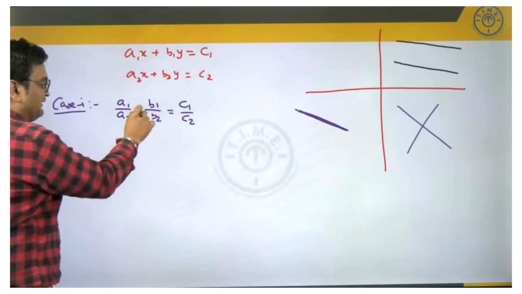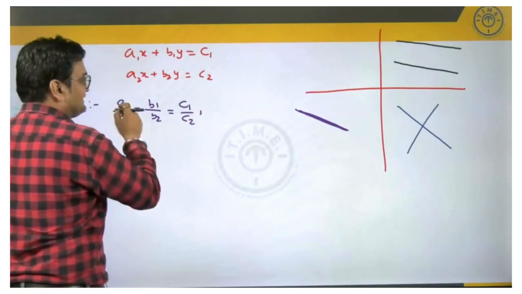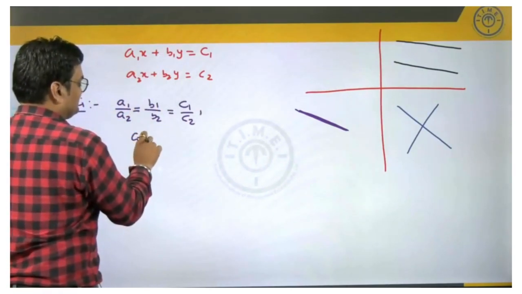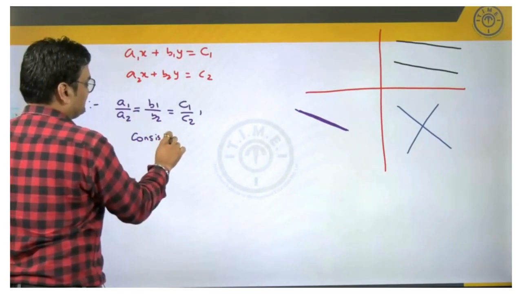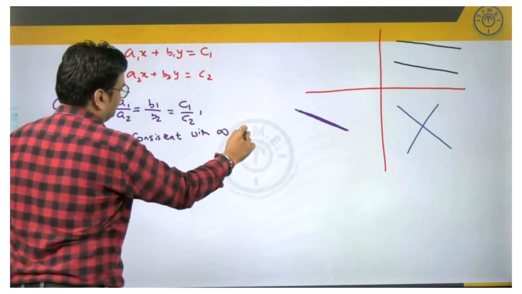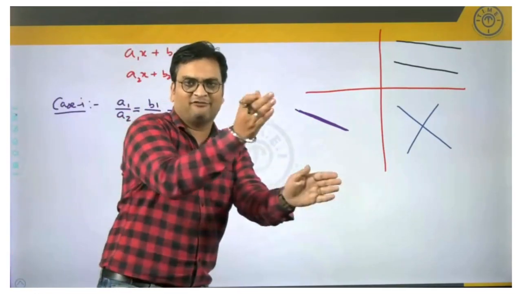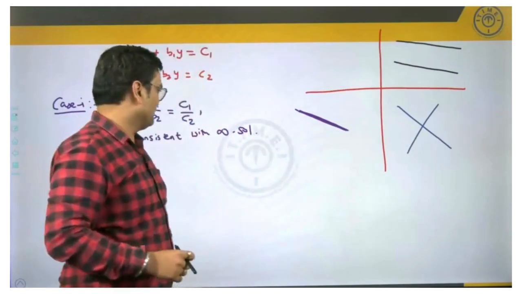So whenever a1 by a2 equals b1 by b2 equals c1 by c2, such a set of equations will be called consistent equations with infinite solutions. Why infinite? Because in this case the lines will be overlapping, one on top of each other, so there will be infinitely many solutions.